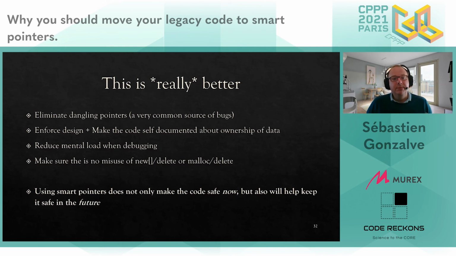This is really better. You should push it. This eliminates the dangling pointer, enforces your design, and makes the code self-documented about the passing or not of the ownership. This reduces the mental load when debugging because it's now clear who owns what. And there's no more mismatch between new and deletes and all the stuff. So smart pointers are not only making your code safer now, they will help you keep it safe in the future, and that's the main point.